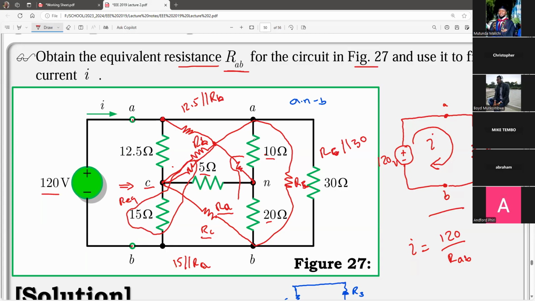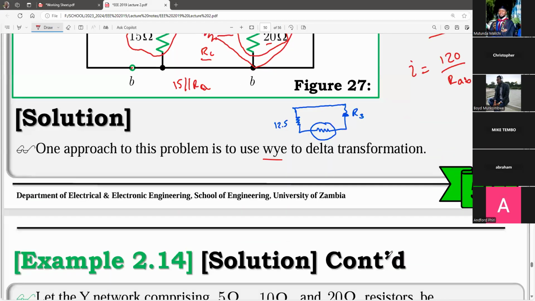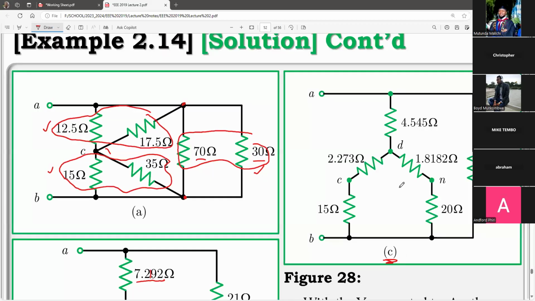Okay? So once you have that, then it will force you to come and have this circuit. This is the circuit that you have. If you converted the 12.5, the 5, and 10 that is connected in delta there, from where I'm just drawing, it will give you a circuit like this as the next simplified circuit.